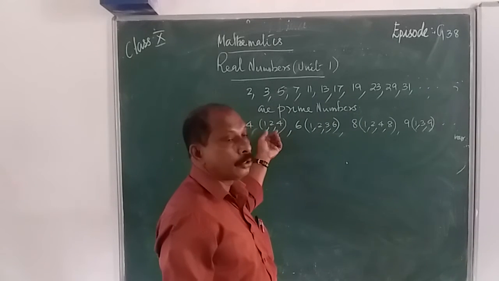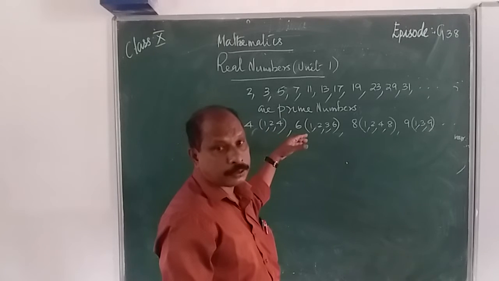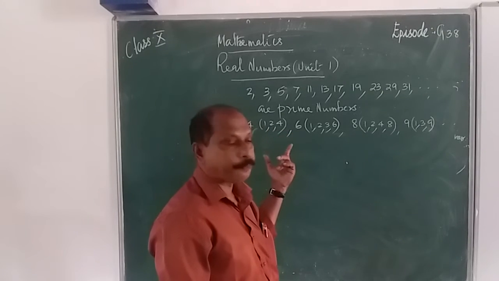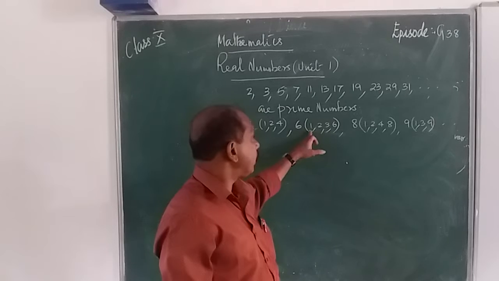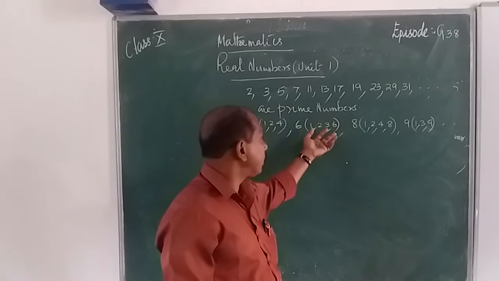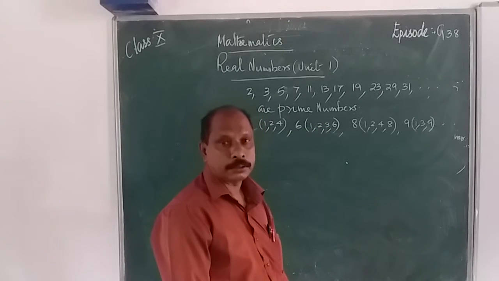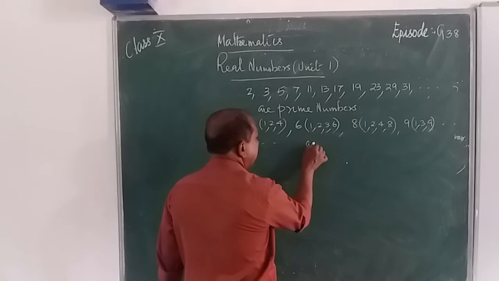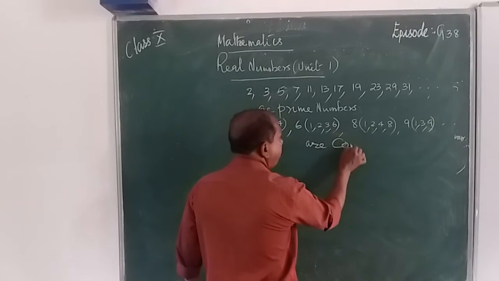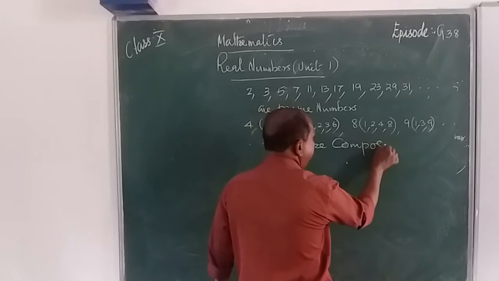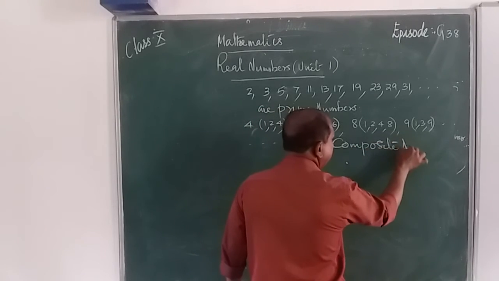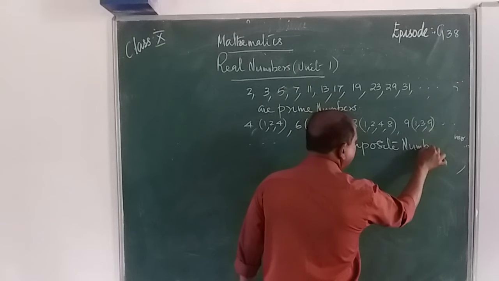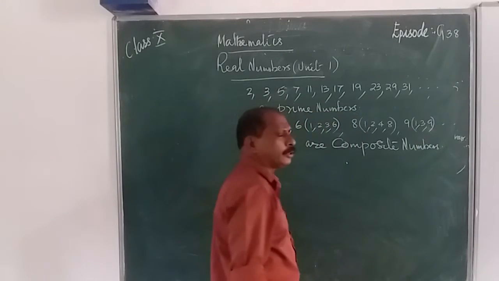For 4, 1 and 4 are factors, and there is another factor, 2. For 6, 1 and 6 are factors, and there are 2 other factors, 2 and 3. Therefore, this type of numbers are composite numbers. What are composite numbers?